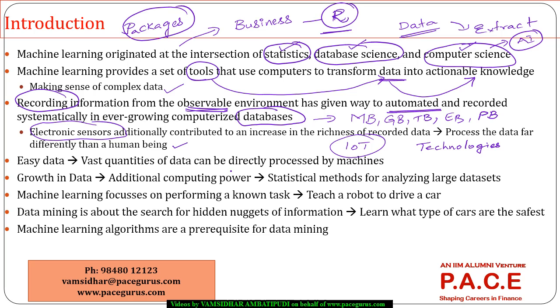Human learning is limited. If the same human being has to process large volumes of data, it is getting tougher and tougher. But when the same instructions are given to a machine, the learning process is much faster and more sophisticated.